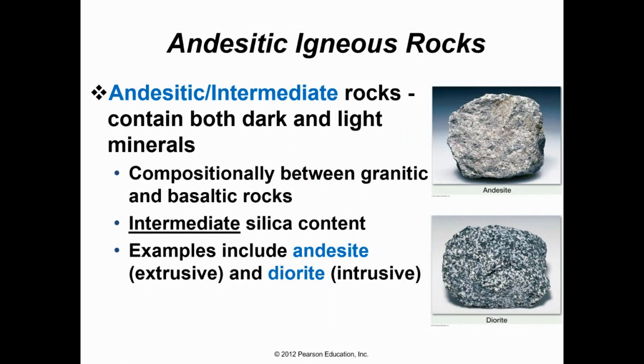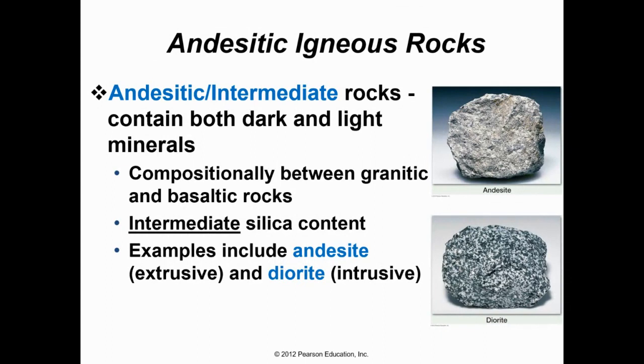Kind of a middle ground in between basaltic and granitic are the andesitic igneous rocks. Okay, these are also referred to as just intermediate because they're right in between the composition of the two. So as you would expect, intermediate rocks or andesitic rocks have around equal parts light colored and dark colored minerals.